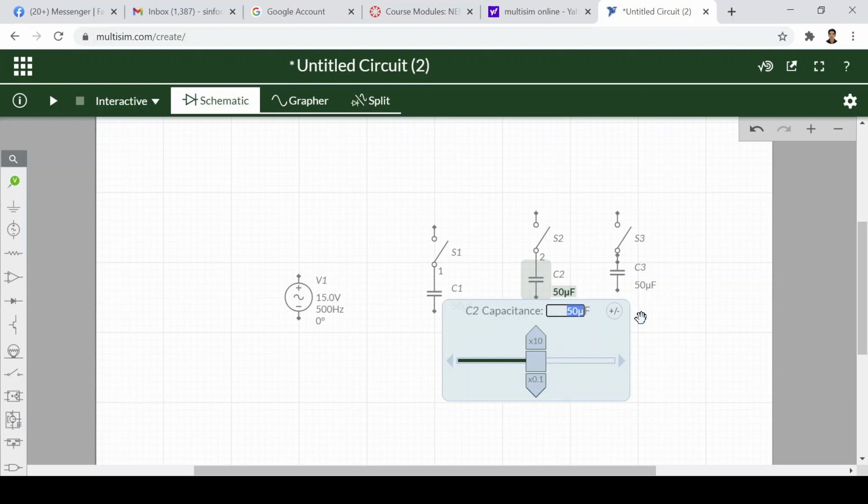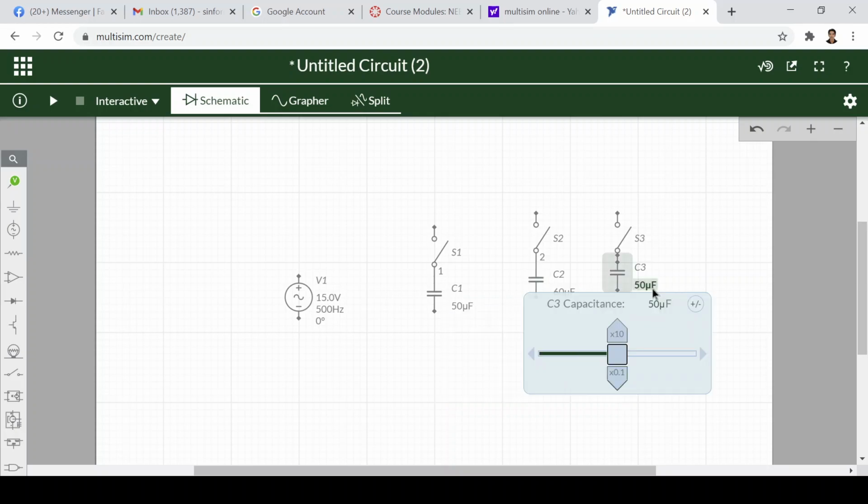And I'll set these to 60 micro, and this one to 20 micro.